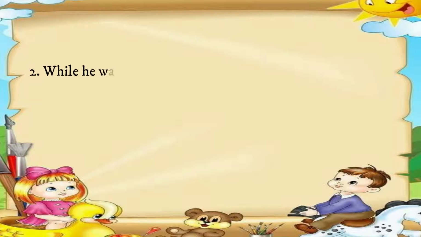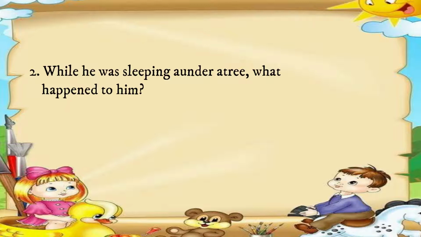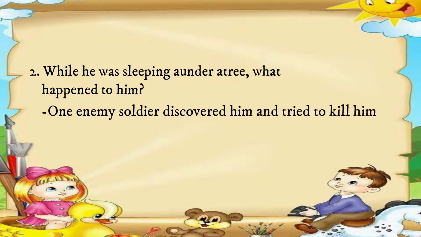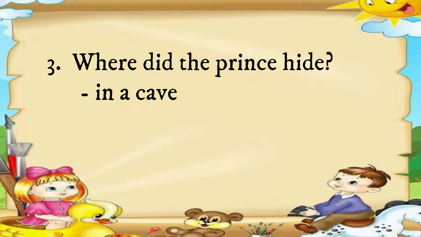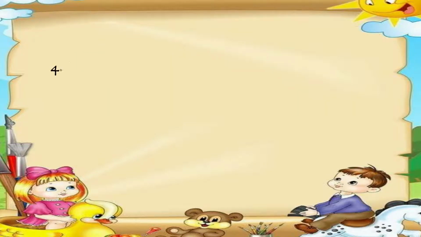While he was sleeping under a tree, what happened to him? One enemy soldier discovered him and tried to kill him, but was helped by a fly. Number 3. Where did the prince hide? In a cave.